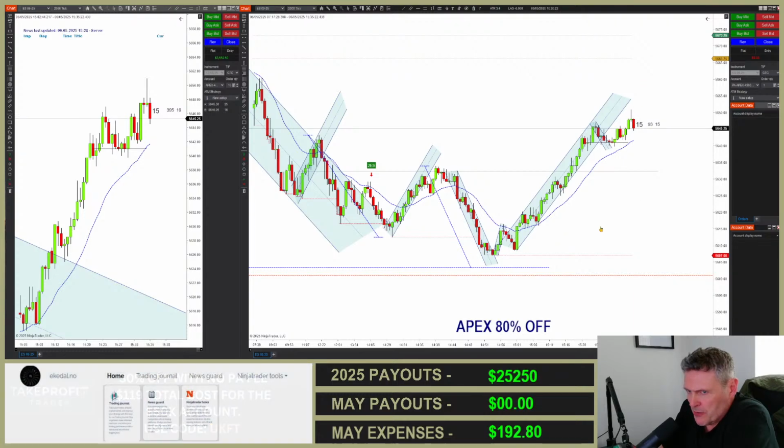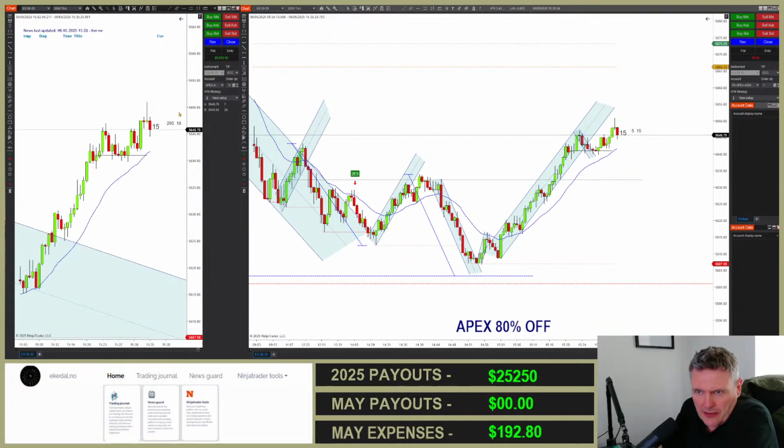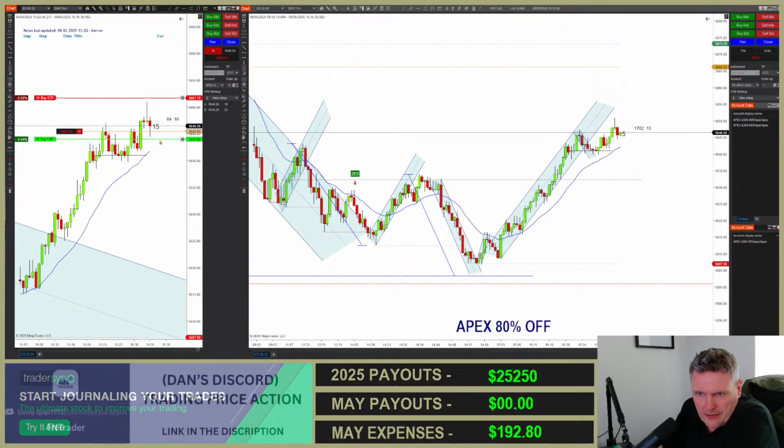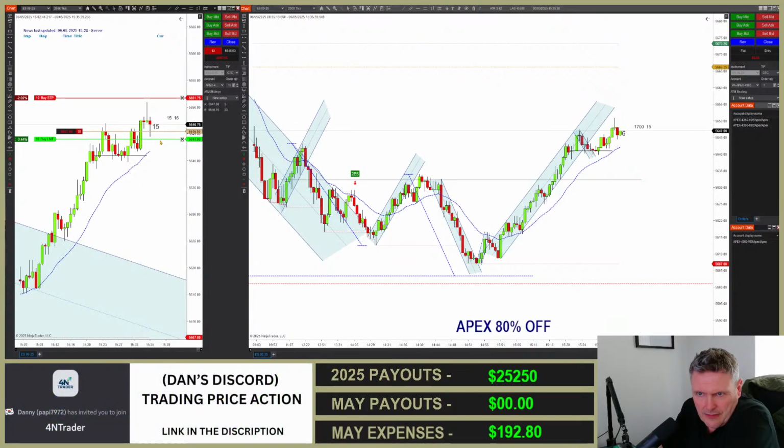So break, 2 pushes up to a new high. Is this likely to come down? Order filled. Break, 2 pushes. I'd expect this to come back to the EMA.